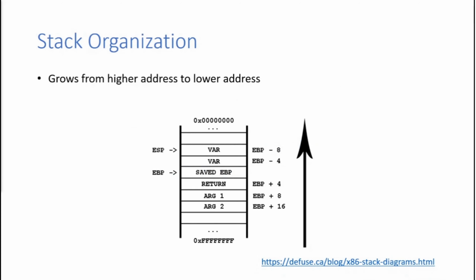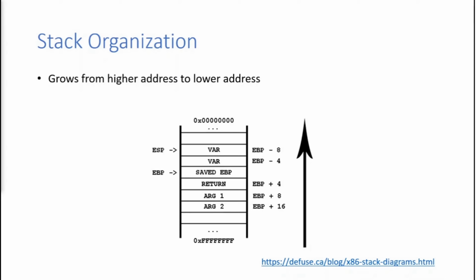Let us now discuss how the stack works when we execute a program. The stack is a last in first out data structure in which data is pushed onto it and popped off of it in the reverse order. The stack is usually used to pass arguments to functions or procedures and also to keep track of control flow when the call instruction is used.